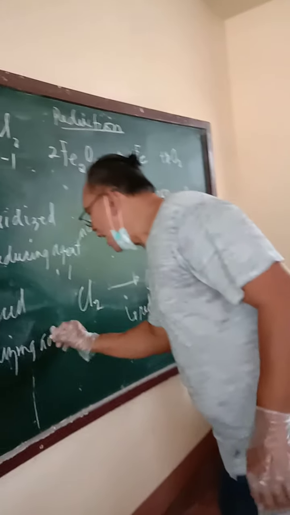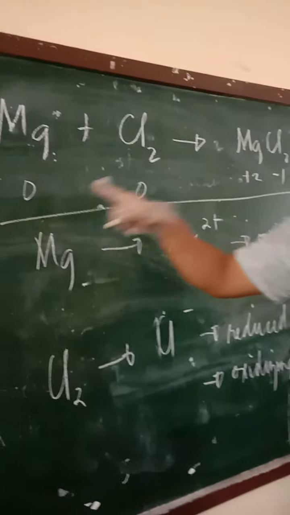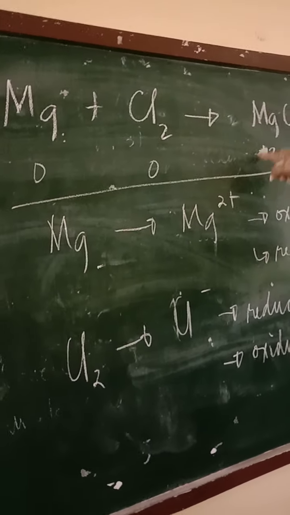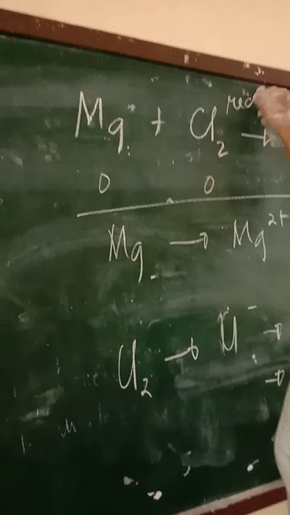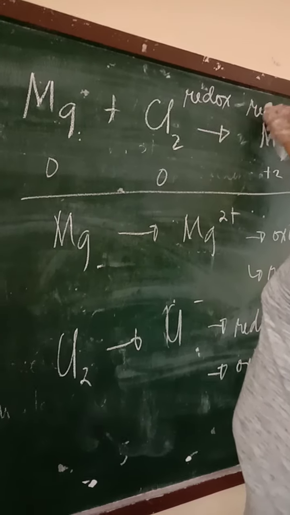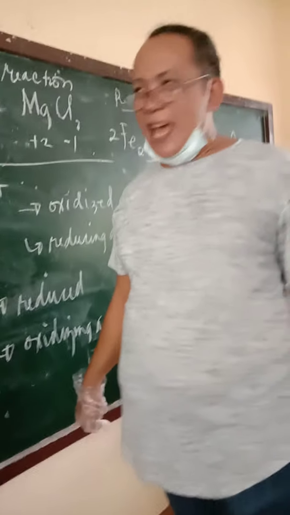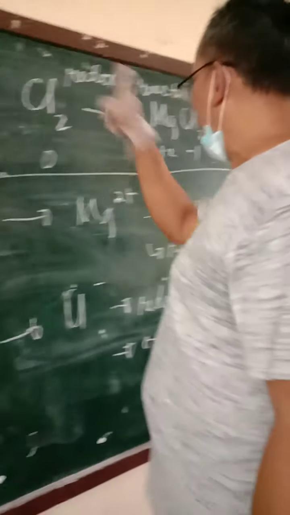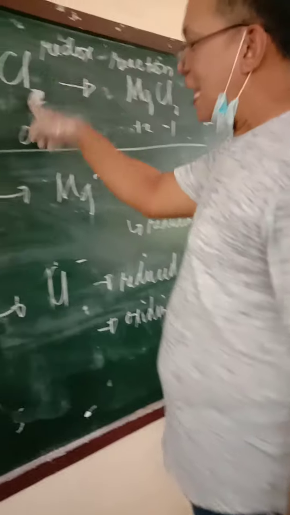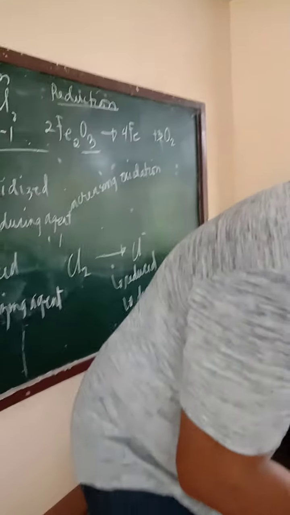Therefore, since there is a change in their oxidation number, this is considered a redox reaction. From 0 it became +2, and from 0 it became -1. So there is a redox reaction.